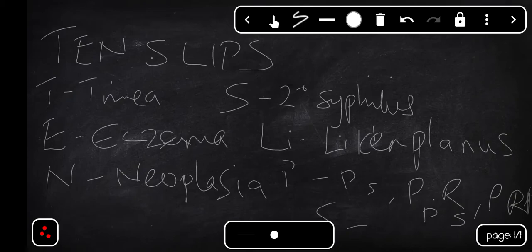What does it stand for? Who can guess? For me, I can say it stands for scabies. You know why? Because scabies is very prevalent in dermatology. It doesn't depend on whether you are poor or rich. Scabies comes from anyone who has contact with anyone.